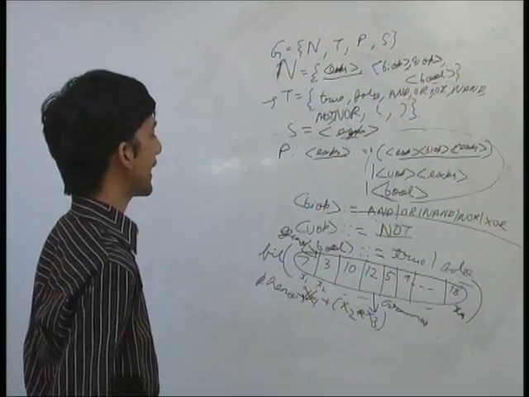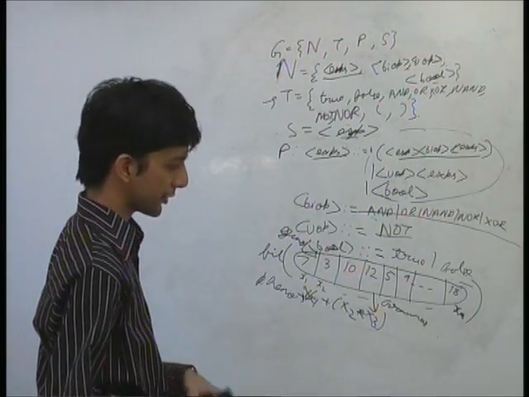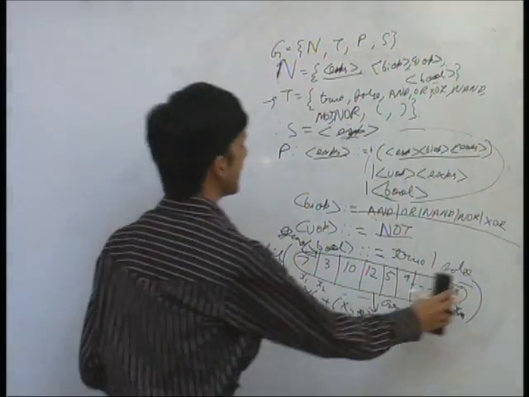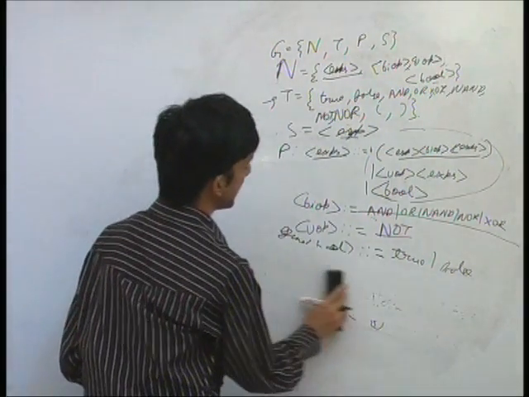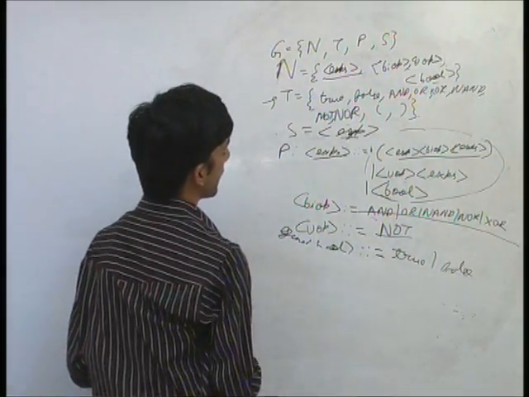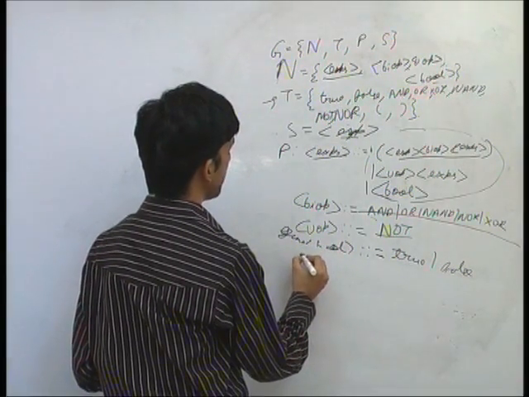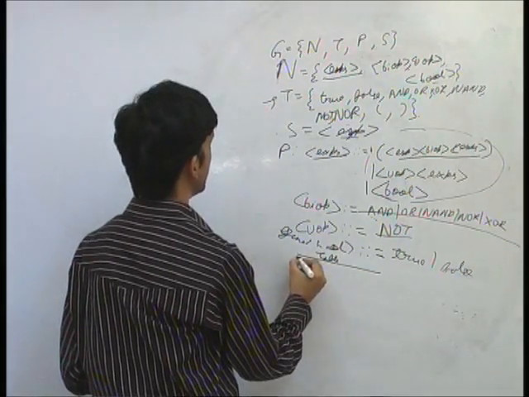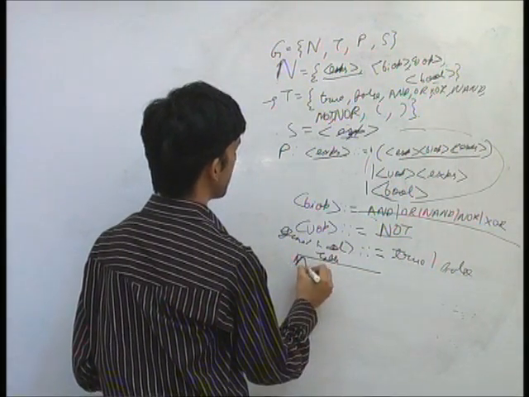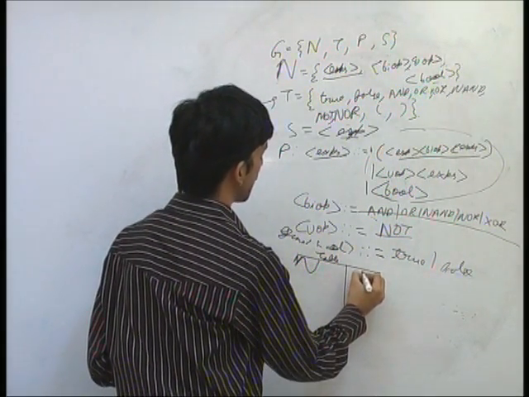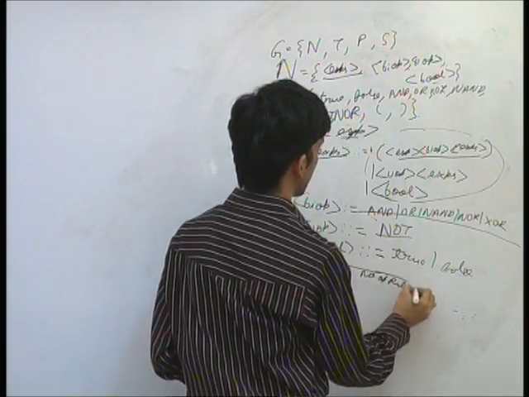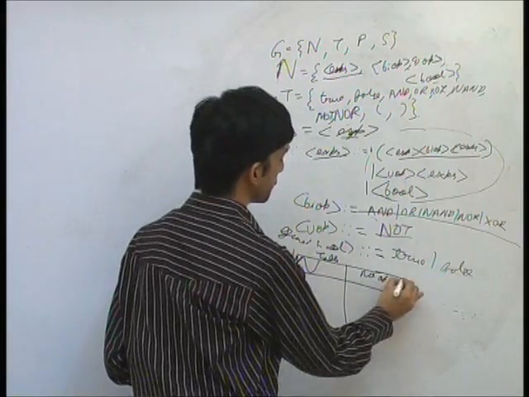So in order to do that, I make an addition to the grammar. I make a table where I have the non-terminating symbols here, and the number of rules that they correspond to over here.